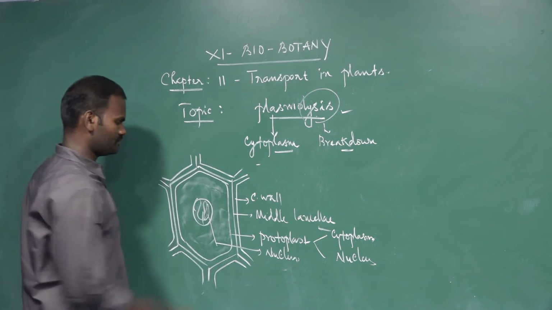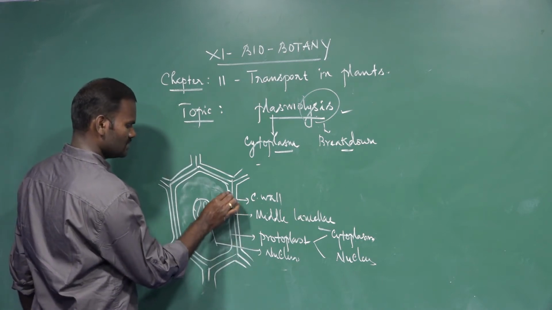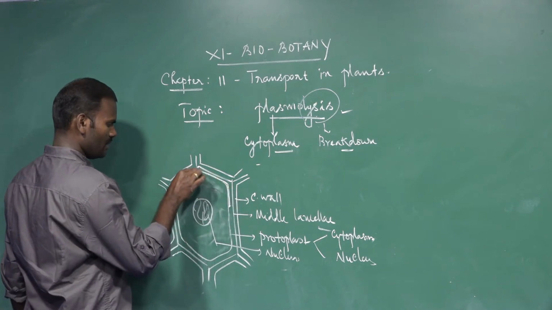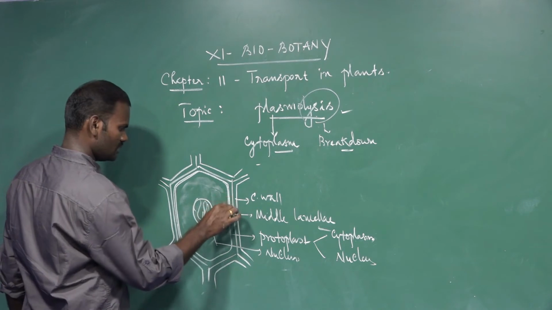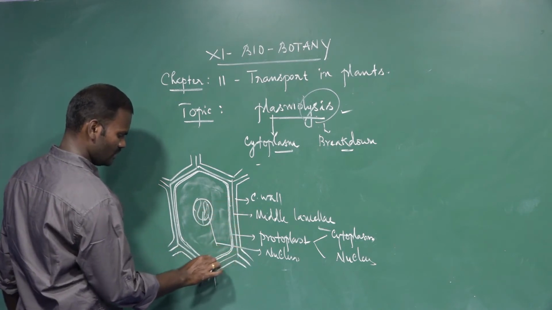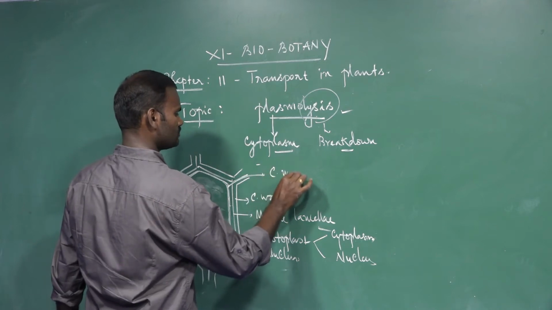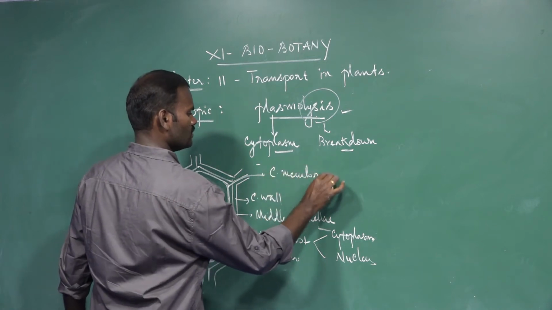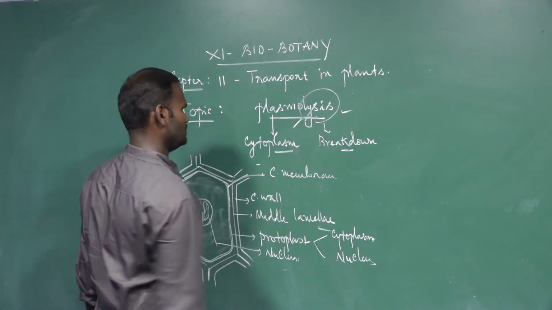It is a cell. So the outer cell wall is bounded by the membrane called plasma membrane. It is also called semi-permeable membrane or cell membrane. See, the breakdown of cytoplasm is called plasmolysis.